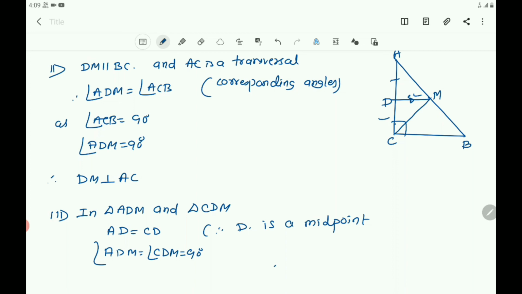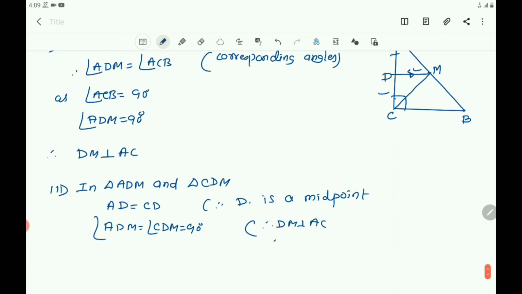Both are equal to 90 degrees, because we proved that DM is perpendicular to AC. And also DM equals DM, that is common side.